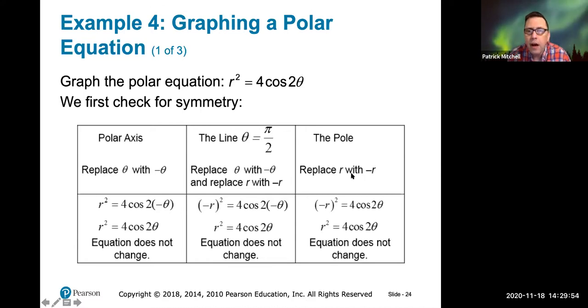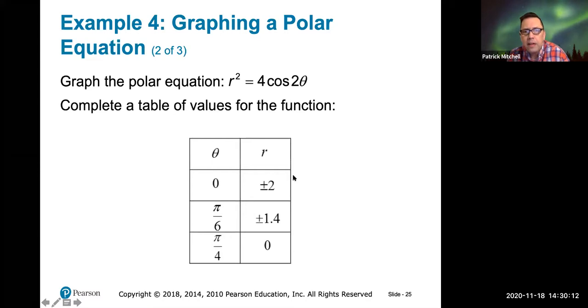So this equation has every type of symmetry, which means that we only need values of theta from 0 to pi over 2, because then we can use our symmetry. All right, so replacing theta with 0, we get r squared equals 4 times 1. So if r squared is 4, that means r is plus or minus 2.